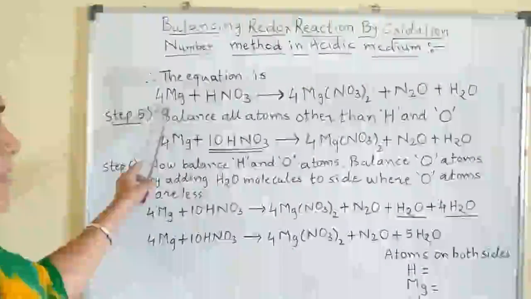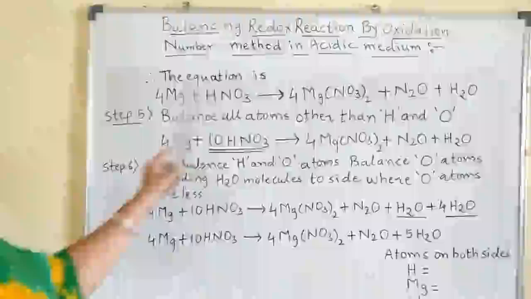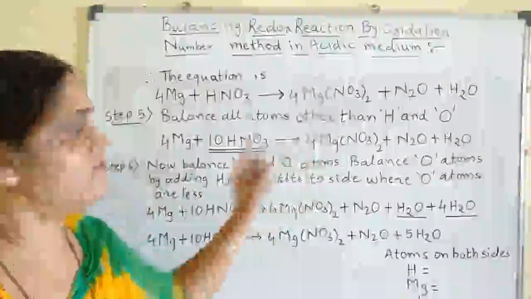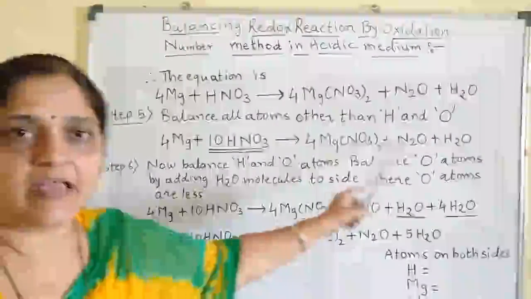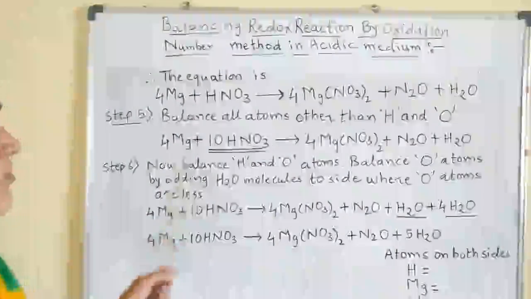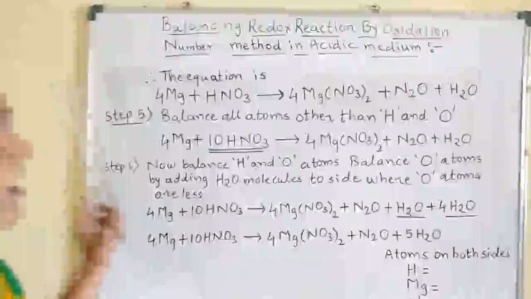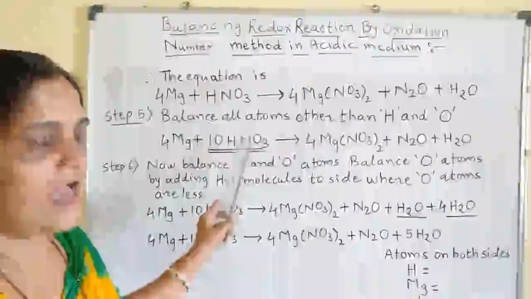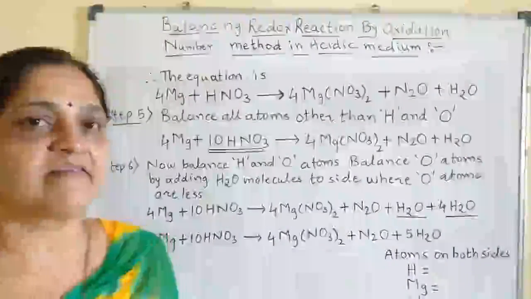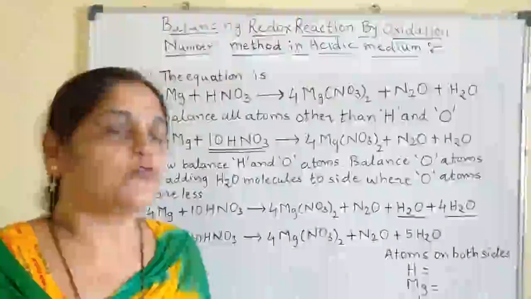So I have multiplied here the oxidation reaction by 4. So multiplied Mg with 4 and magnesium nitrate also with 4. Now the next step is balance all atoms other than hydrogen and oxygen. Now to balance the other atoms means we have to balance magnesium and nitrogen. Hydrogen and oxygen we have to balance later on in the next step.